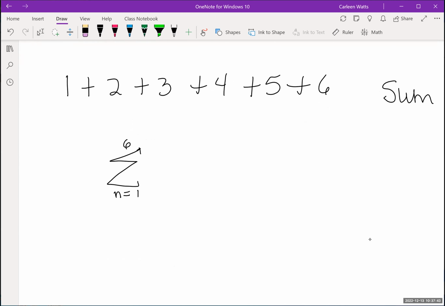And we're going to change this to, oh wait, I'm sorry, I do want a J. J goes from 1 to 6. So what that sigma is saying is add the numbers from 1 to 6. You could also call it substitute and sum. You're going to plug in the numbers.